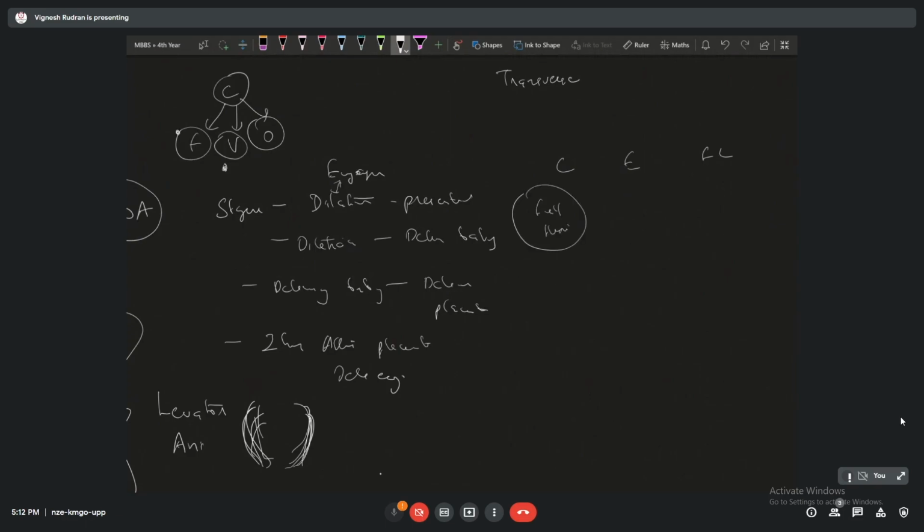Now you can go for normal delivery for this. In this, there is extension of the knees. In this, you have extension of both hips and knees.